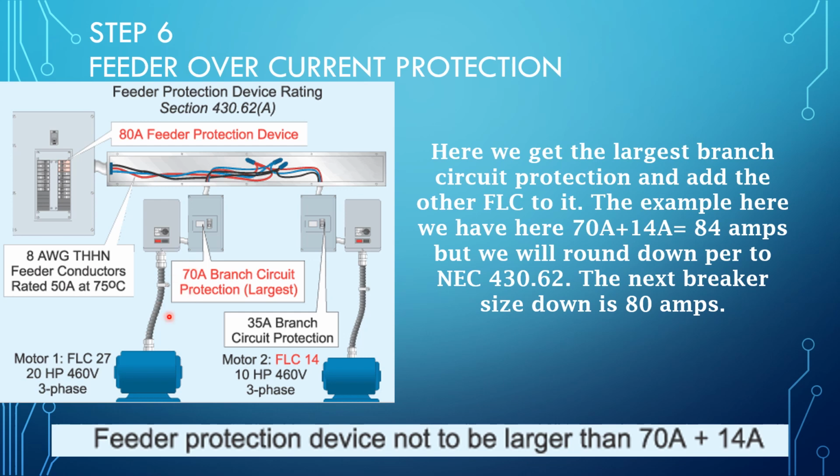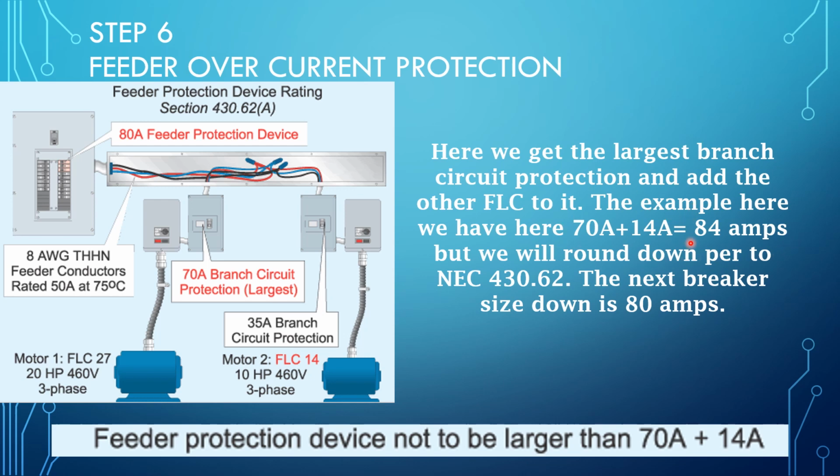This one has a 70 amp branch circuit, and our smaller motor has a 35 amp branch circuit, but we're not worried about its branch circuit protection. We're worried about the second motor, or second and third, or second and third and fourth, however many additionals there are. We're going to add just the full load current to the device. So that's going to give us 84 amps, the 70 amp branch circuit and our 14 amp full load current.